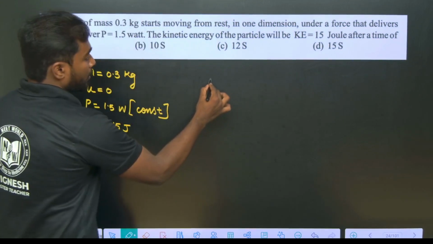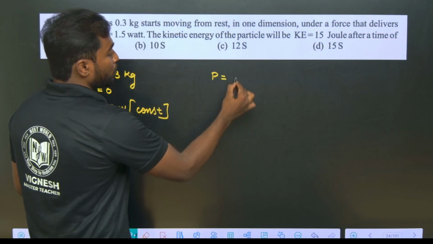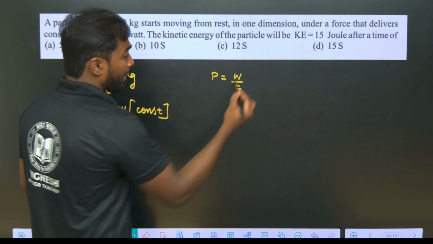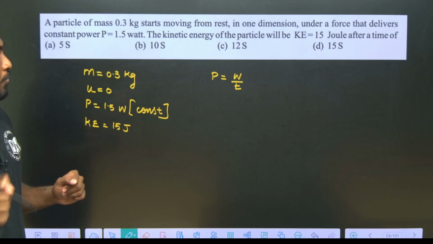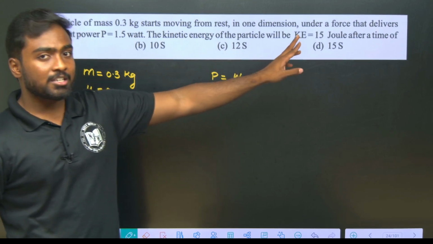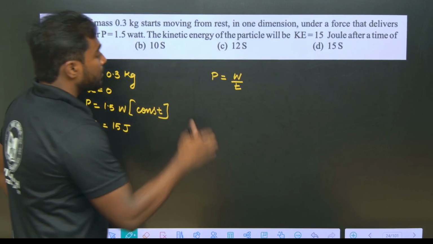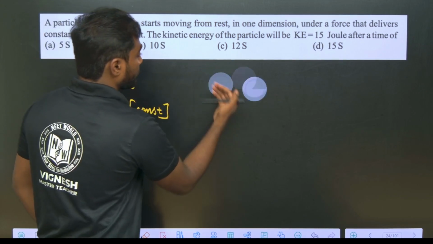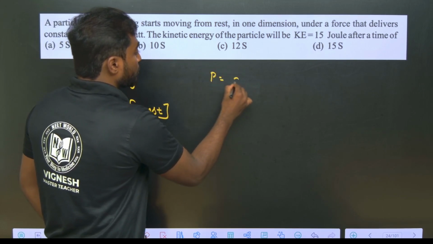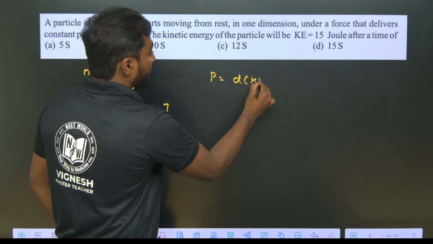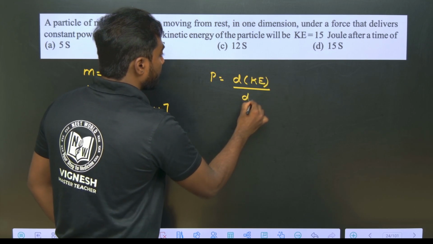So P is equals to work done by time. I can write this as the rate of work done. Here the energy is changing with respect to time, right? So I can say that P is equals to d kinetic energy by dt, right?